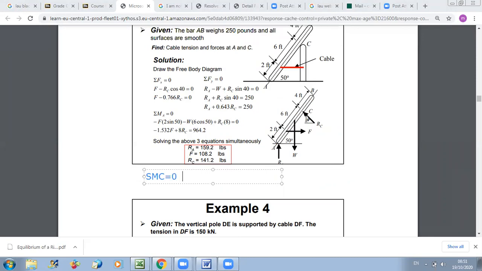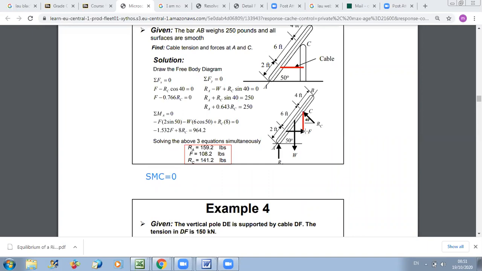I have first the moment of the cable force, okay? For the moment of the cable force, what distance should I take? I should take the perpendicular from C to the line of action of the force.